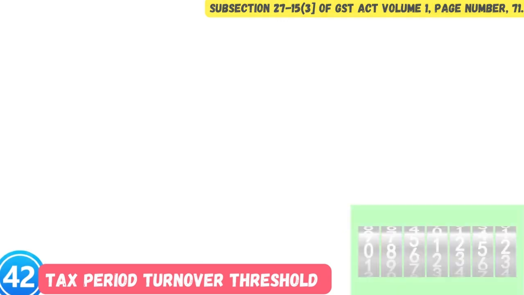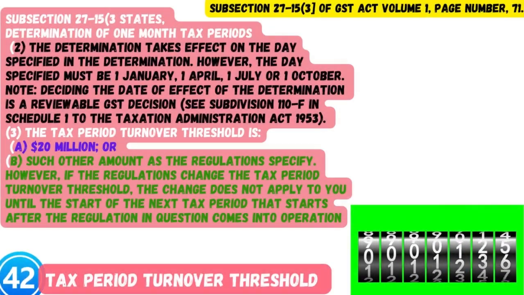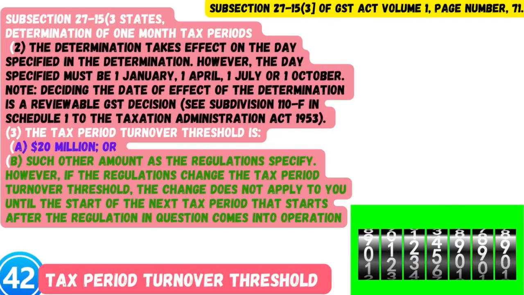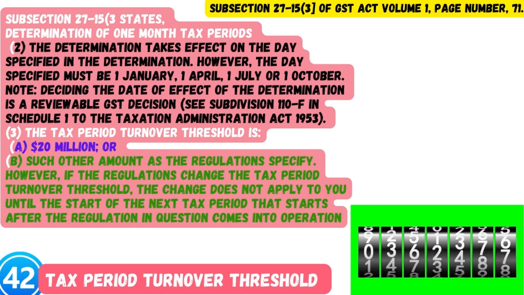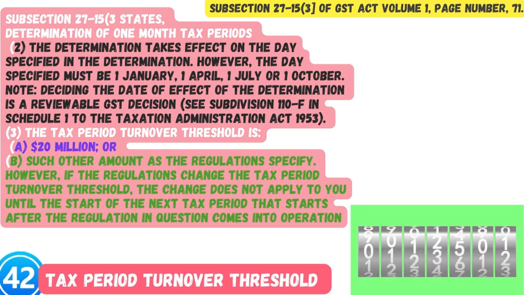The tax period turnover threshold is A. $20 million, or B. Such other amount as the regulations specify. However, if the regulations change the tax period turnover threshold, the change does not apply to you until the start of the next tax period that starts after the regulation in question comes into operation.